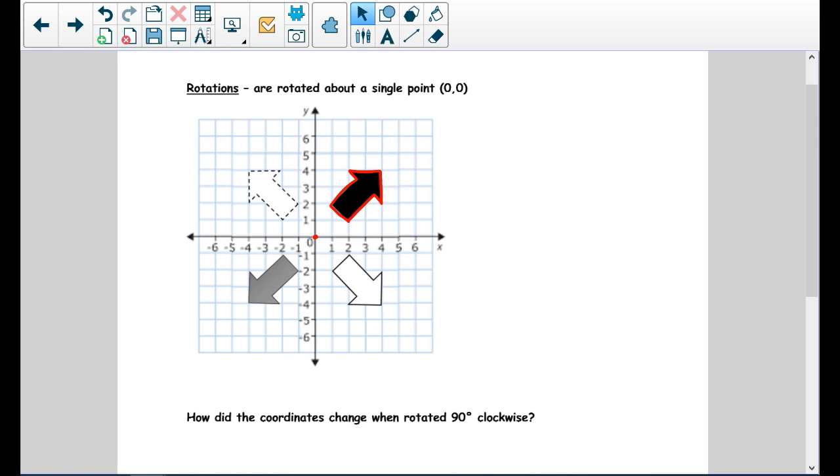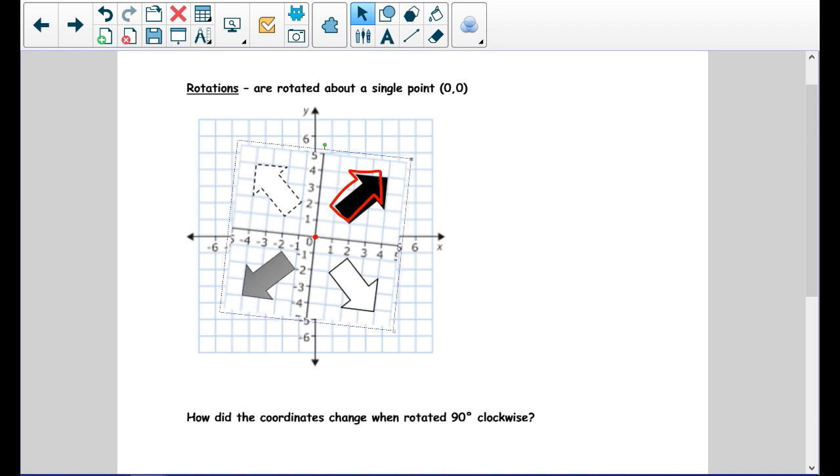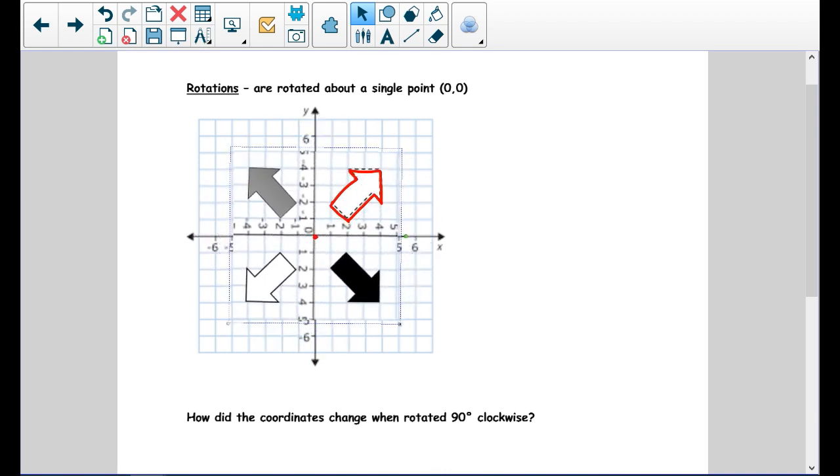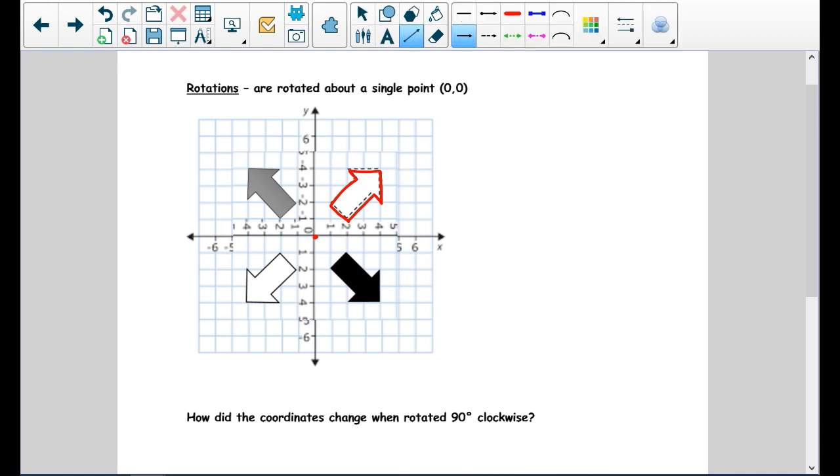And now I'm going to rotate that shape 90 degrees. So here I start, rotate 90 degrees, and there's my new shape. So my original was the red, rotated 90 degrees, and now I'm down here where this black shape is. So why is this a 90-degree rotation?